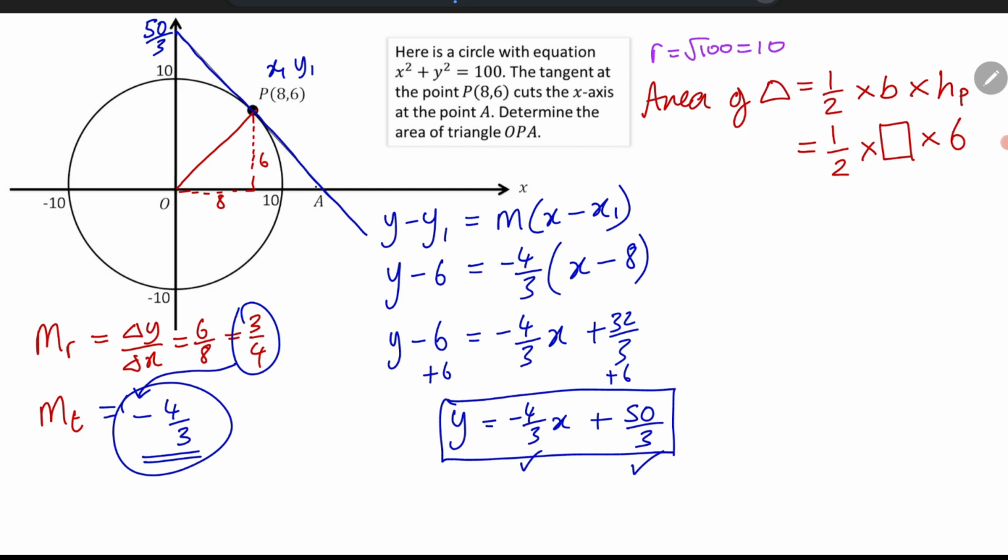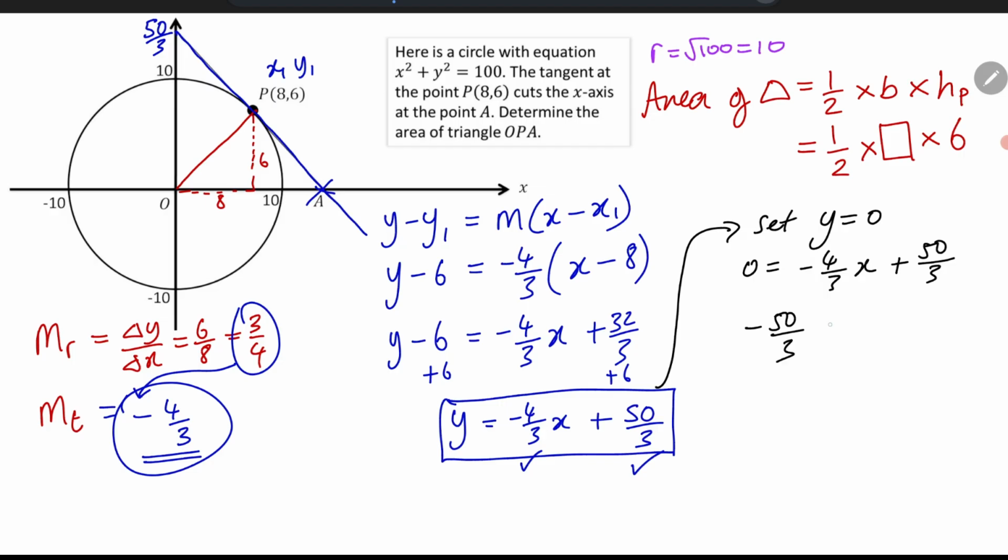So now we need to work out this coordinate here. That's going to be easy because we're just going to use this formula that we already have, and we're going to set y equal to 0. So 0 equals negative 4/3 x plus 50 over 3. I'm going to take away 50 over 3 from both sides. So negative 50 over 3 equals negative 4/3 x.